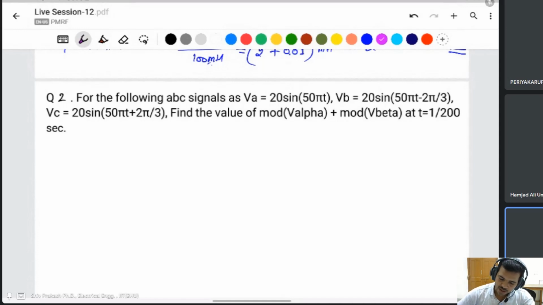Same question as the previous one I have solved. It is given as VA is 20 sine 50 pi t, VB is 20 sine.